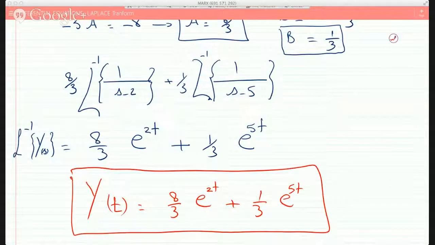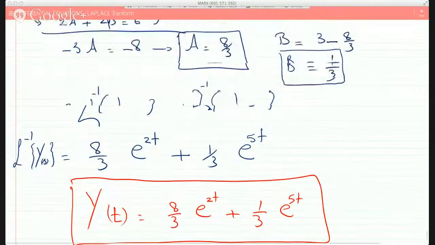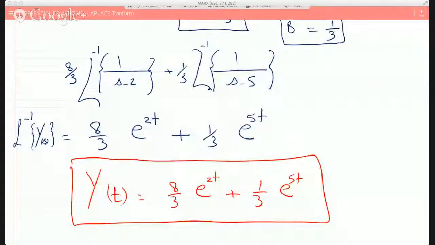What's actually interesting about the Laplace transform is that it gives you the solution with the coefficients already solved for. You don't have to go back and substitute initial conditions to find the coefficients C1 and C2. It already takes care of that in the process. So you don't have to do any algebra at the end. So you can see here, I got my coefficients.